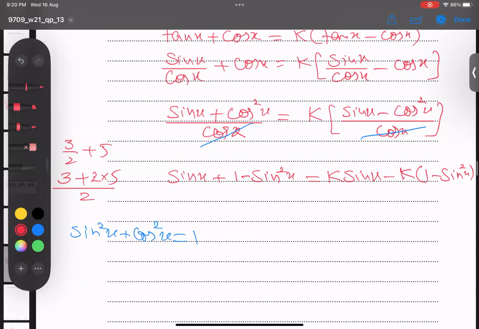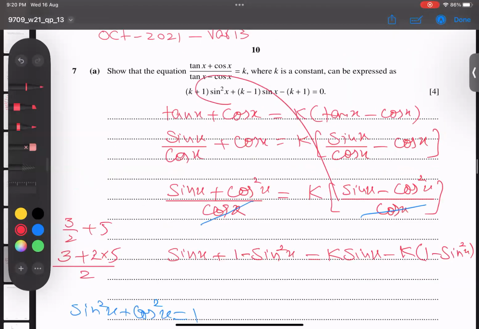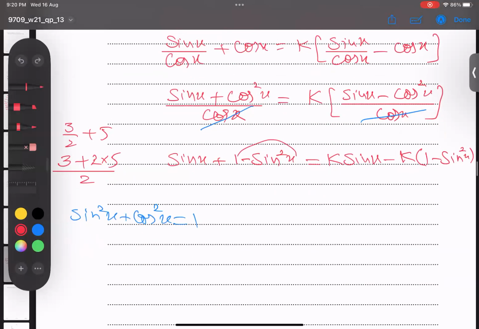Now look, I have to make a sine square. First, how many sine square? One is here, one is here. First we have to simplify. Sin x plus 1 minus sine square x equals k times sine x, k multiplies inside 1 by 1. I believe this is nothing hard, simple algebra.